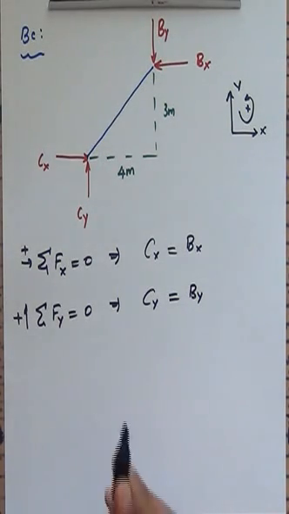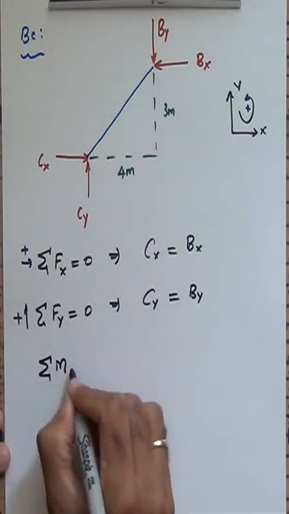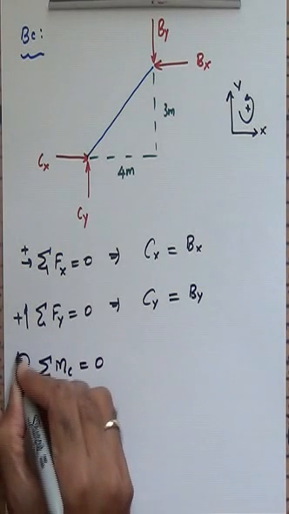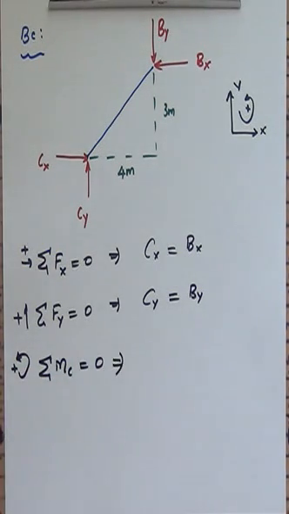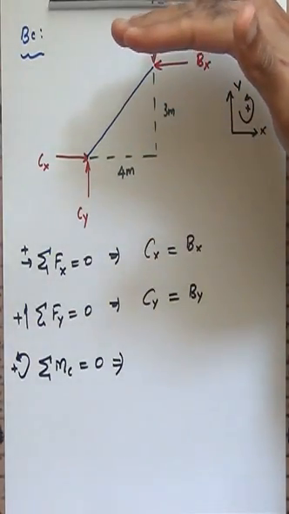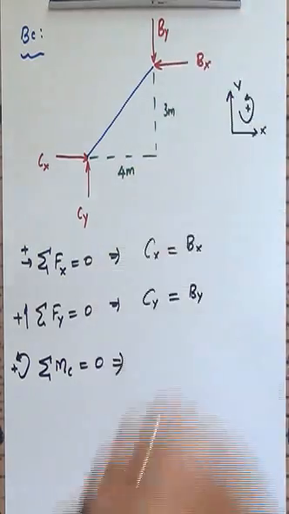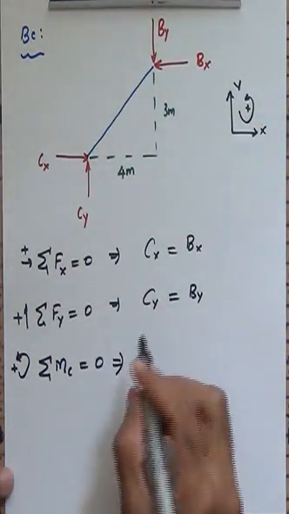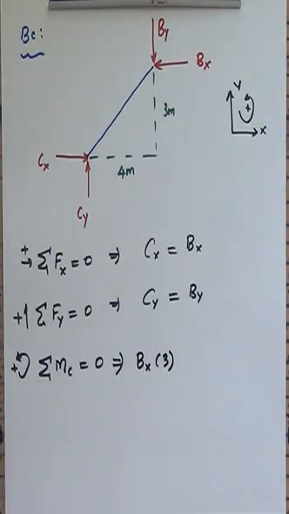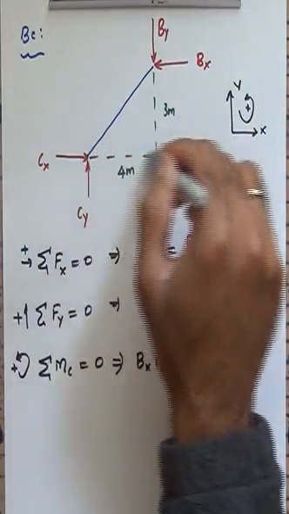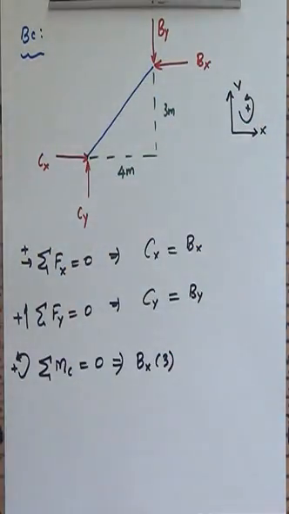Then I go to the moment balance equation. I'm going to choose the moment at the point C, set that equal to 0, and counterclockwise rotations are treated as positive. And if that is the case, look at this. Bx, right hand rule. If I perform the right hand rule, the palm faces the point C, curl my fingers, produces a moment in the upward direction, so that's a distance of 3 meters from the point C. So I'm going to have Bx times 3, and then I'm going to have By at a distance of 4 meters, and it produces a clockwise rotation, which means according to my sign convention that's negative.